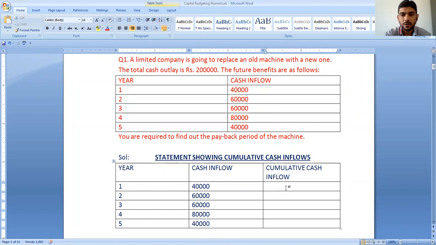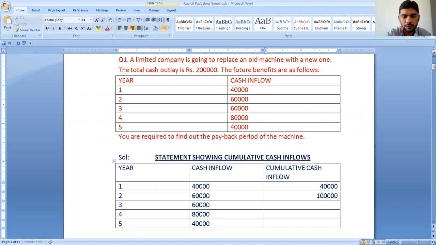The very first number, that is 40,000, it's here. Next one, 40,000 plus 60,000, that means 40,000 for the first year, 60,000 for the second year will be added together. It will be 1 lakh. Now 1 lakh plus next year, that is third year, the value of 60,000 will be added to 1 lakh.